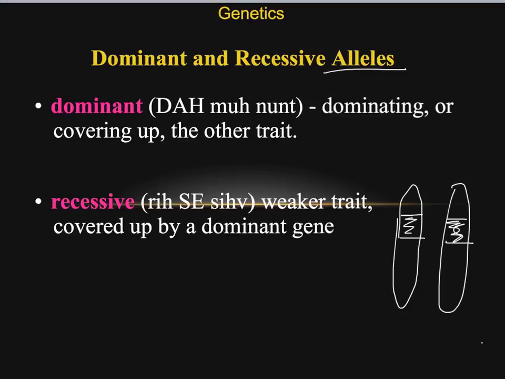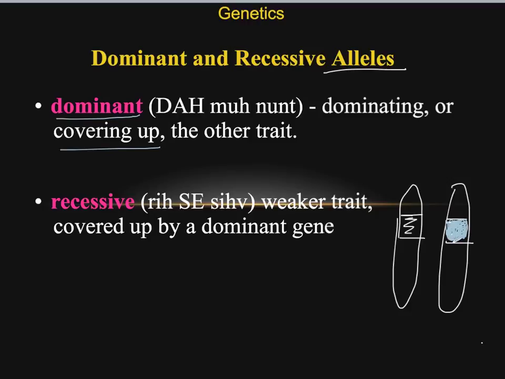Dominant is a term we use for alleles that cover up other alleles. So it's a trait that is strong or dominating. For example, looking at our pair of chromosomes, if this chromosome here codes for blue eyes and is a dominant trait, it will cover up whatever gene is on the other one, and blue eyes would win.